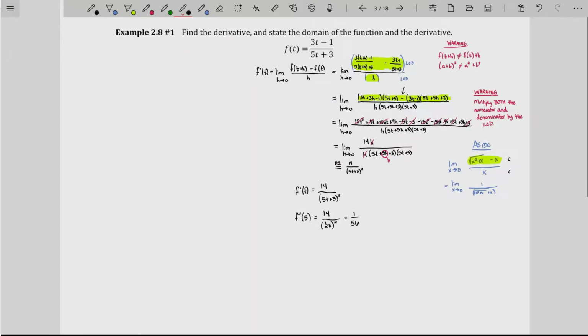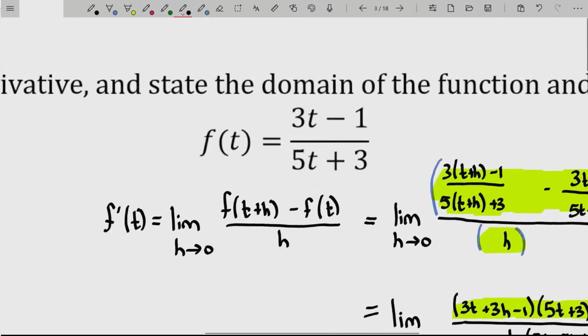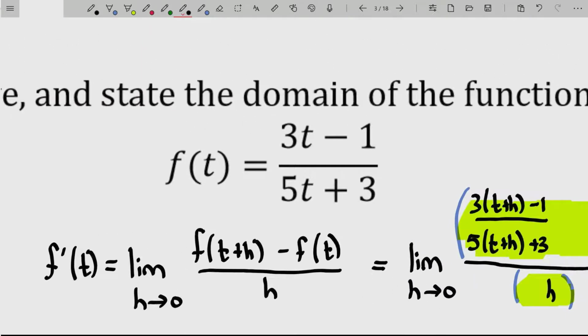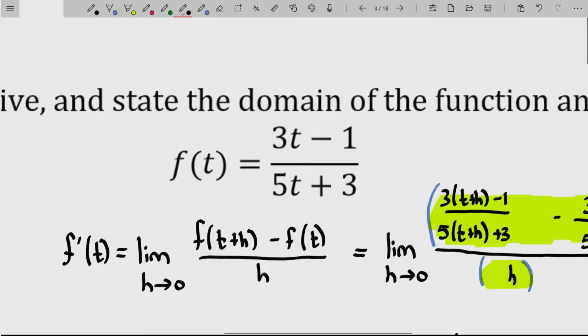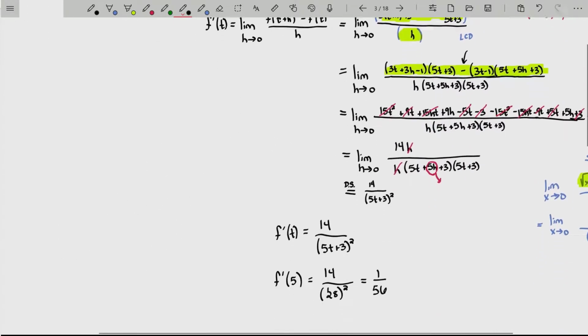Now note, in this problem, we're asked to state the domain of the original function. Okay, well that's not too bad. The domain of the original function, you could see right up here, we could not have t equals negative 3/5. So I'll just state that.